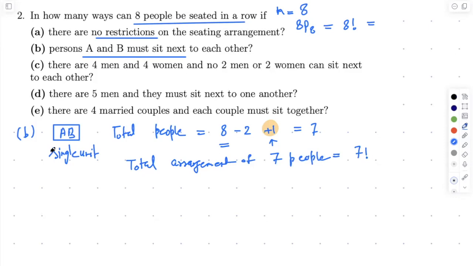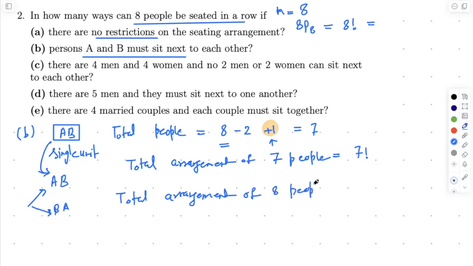Now there is a point: whatever you have in this single unit, they can have 2 types of permutation. Either AB is there or BA is there. They can interchange their positions. So basically, the total arrangement of 8 people is going to be 7 factorial.